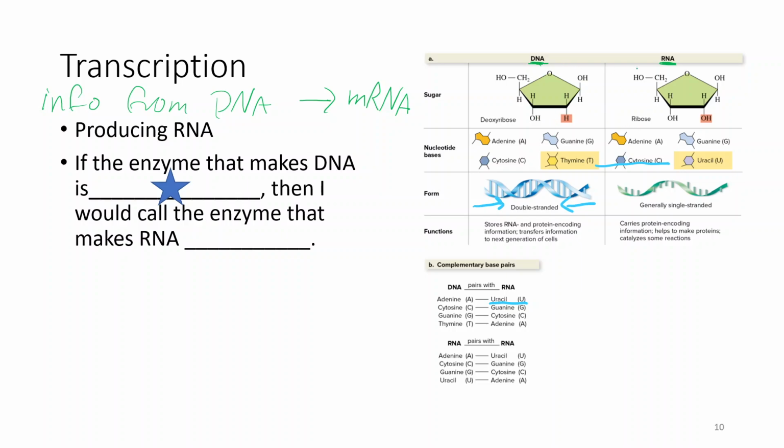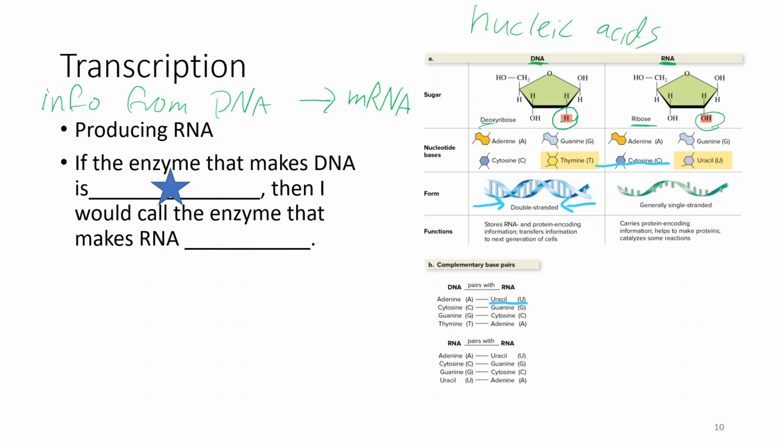The differences that we have between these two, they're both types of nucleic acids. The difference is going to be this right here. So with ribose, we have an oxygen right there. And with deoxyribose, we do not have an oxygen.